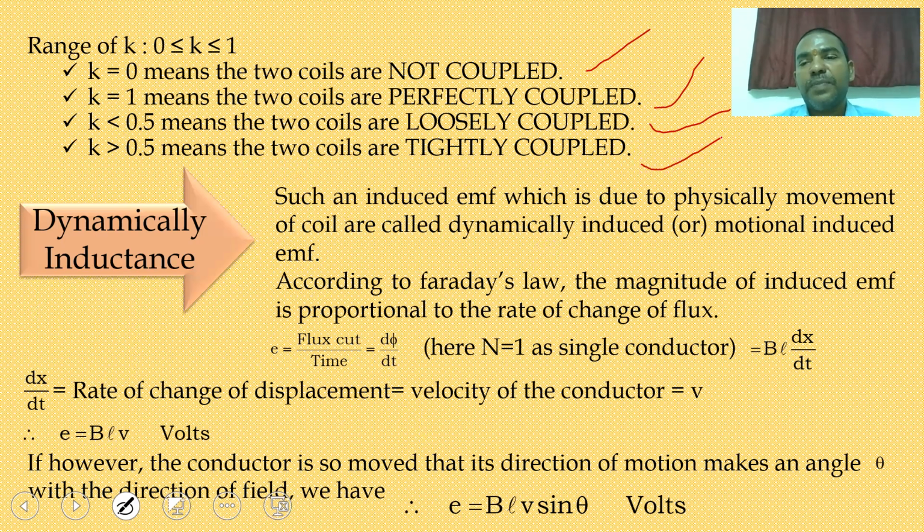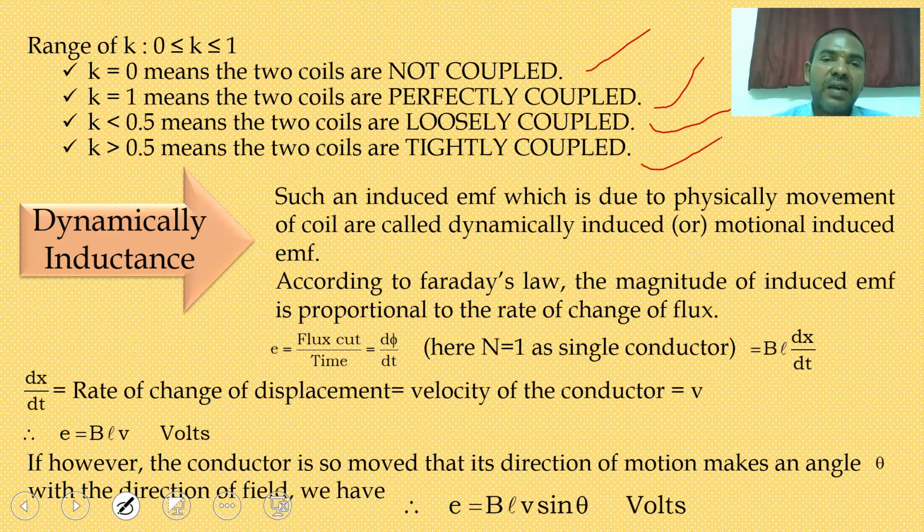It is measured in Henrys, and you get the mutual inductance with respect to Faraday's laws of electromagnetic induction between the two coils. The self-inductances of the two coils and the mutual inductance between them are related as follows: for the best coupling condition, M is equal to root of L1 L2, and the degree of coupling K is represented as M divided by root of L1 L2.